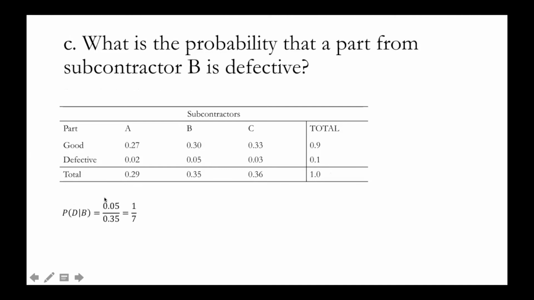And then what is the probability that a part from subcontractor B is defective? Then we need the conditional probabilities.